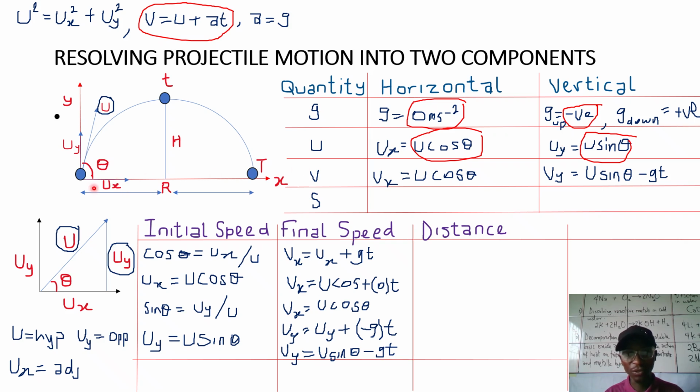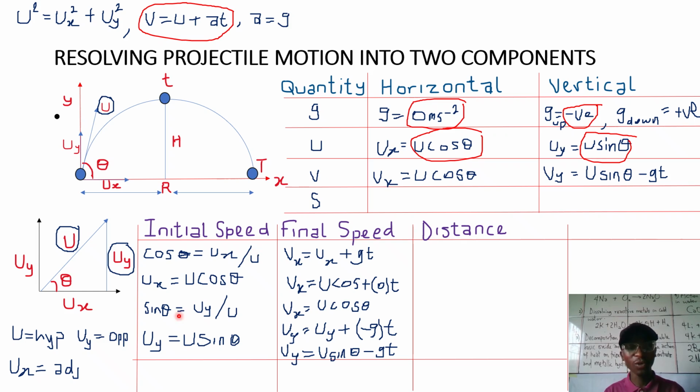Then along the horizontal axis, our Ux equals U cos theta. And we have said that when we combine Uy and Ux, using Pythagoras theorem, we shall get the value for our resultant initial speed, which is U squared equals Ux squared plus Uy squared.